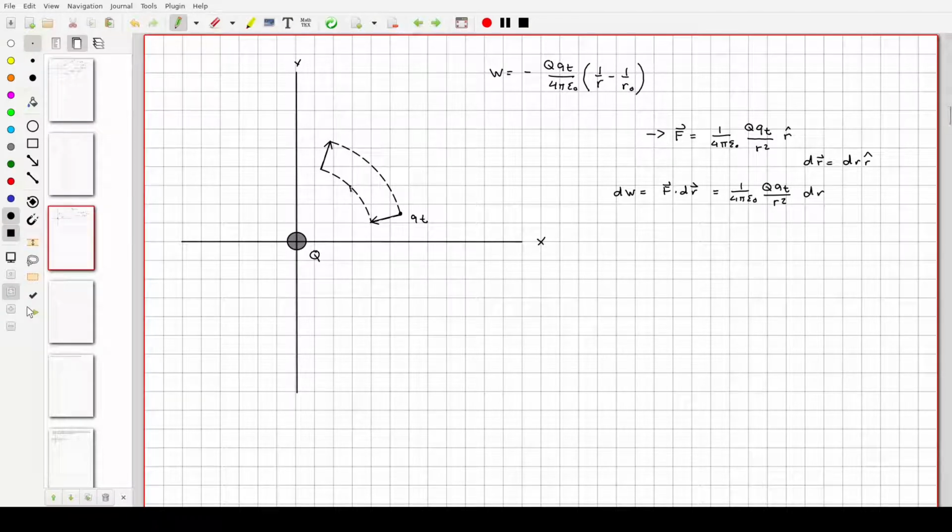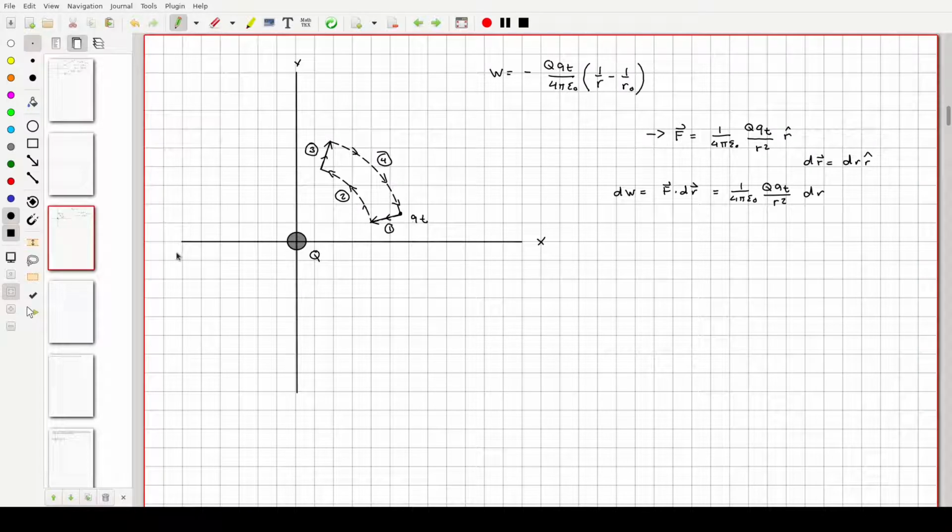So from a direction standpoint, I want to move the charge like this. Okay. So 1 will be going from here to here. 2 will be going from here to here. 3 will be going from here to here. And 4 will take us back to our starting point.